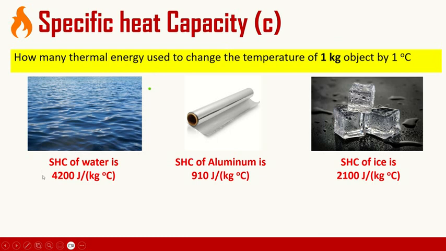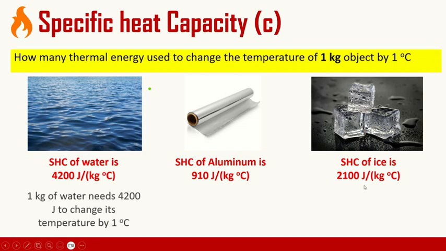Example, look at this one. What is SHC, sir? This is the abbreviation for specific heat capacity. So for the water, that's the number. Aluminium, that's the number. For the ice, that's the number. What does it mean? Okay, it means like this. 1 kilogram of water needs how many joule?